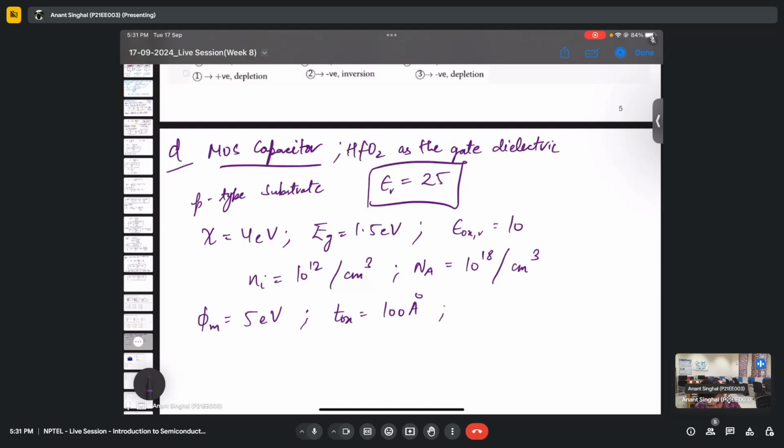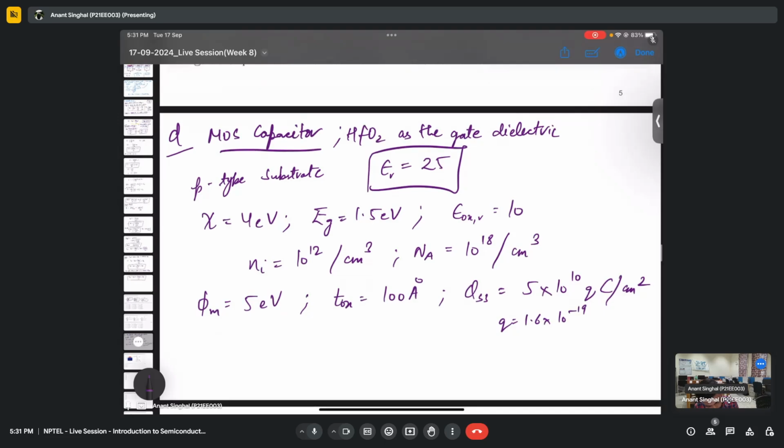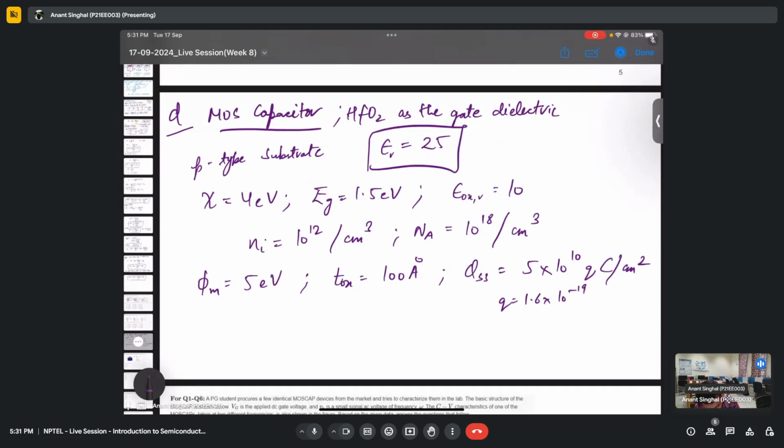It also has some fixed charges, which is 5 into 10 raised to the power 10 q coulomb per centimeter square, where q is 1.6 into 10 raised to the power minus 19. You need to calculate the first part VFB, the second part xd, and the third part the threshold voltage.